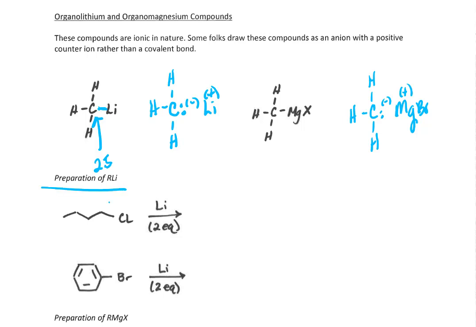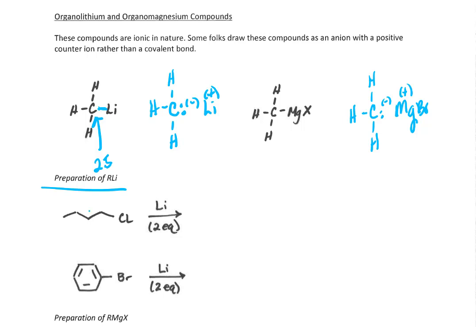So let's talk about how we could prepare these organolithium compounds. Remember, lithium on its own is very reactive, right? It's an alkali metal. It's so reactive that you can't even store it in air. It has to be covered in oil so it doesn't react with the water vapor in the air.